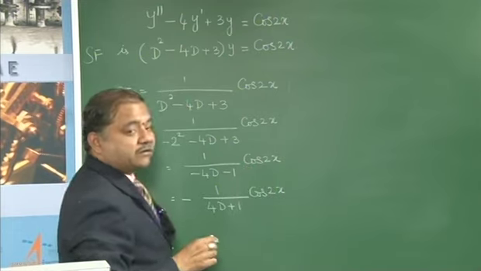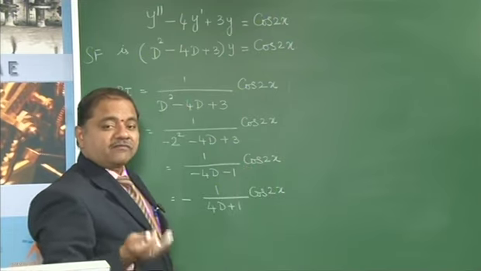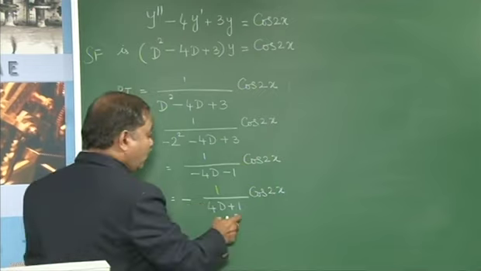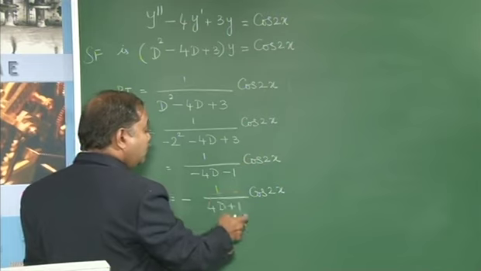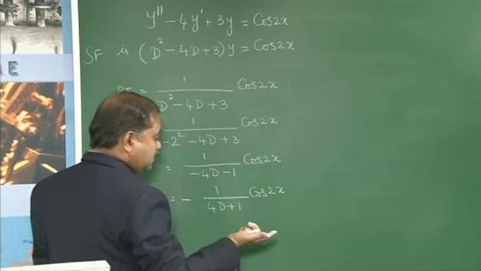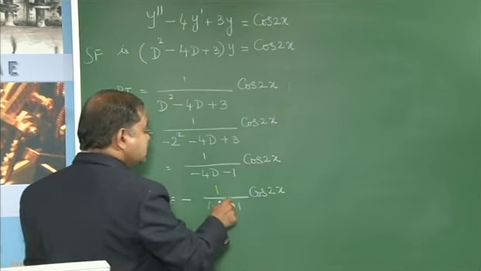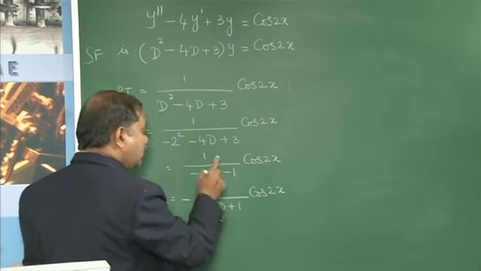We can write the conjugate, whatever way we want. See, 4d plus 1, I will multiply numerator and denominator by 4d minus 1. You can also write 1 minus 4d, that is also allowed, no problem. Anywhere one sign should be changed, which is called conjugate.